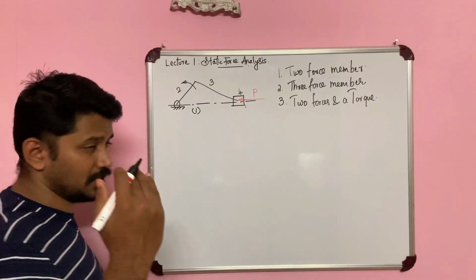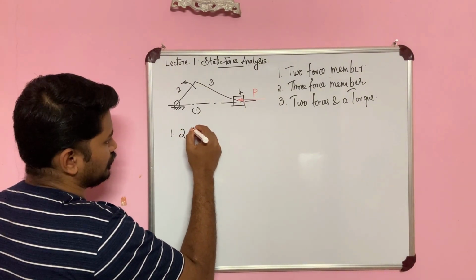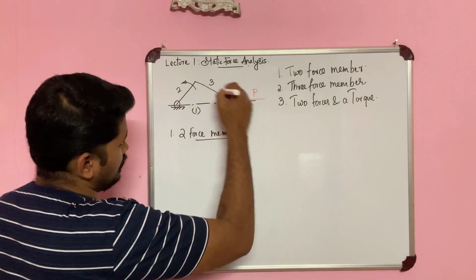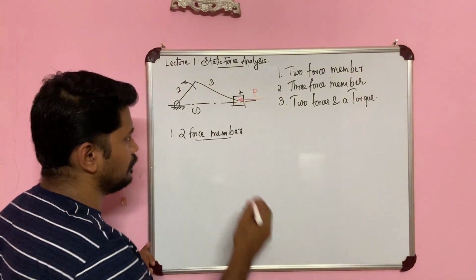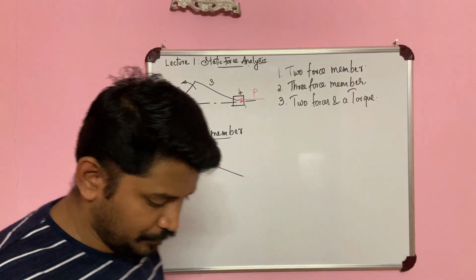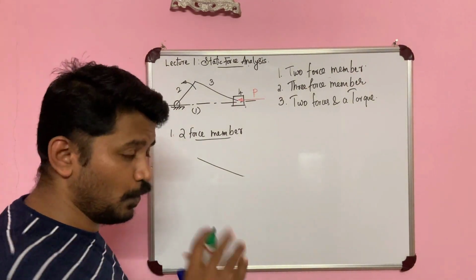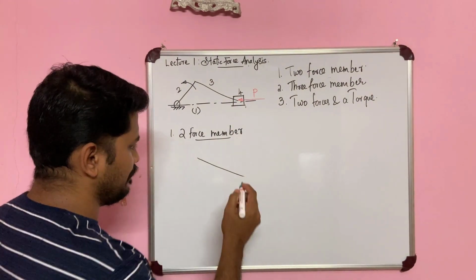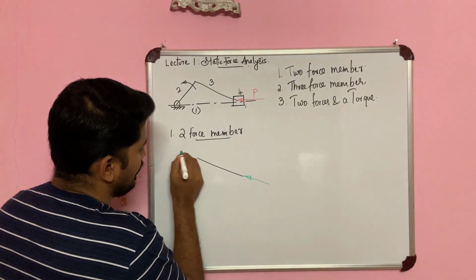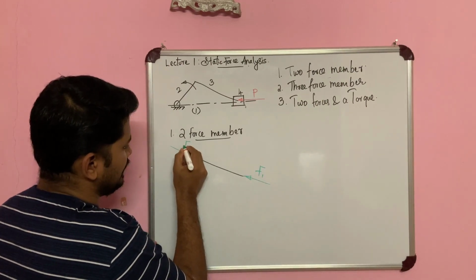So the first one is 2 force member. What is a 2 force member? Let us see. In a two force member, which is the connecting rod over here, as per rule, whenever on a mechanism, any 2 forces are acting on a link, let this be F1 and let this be F2.